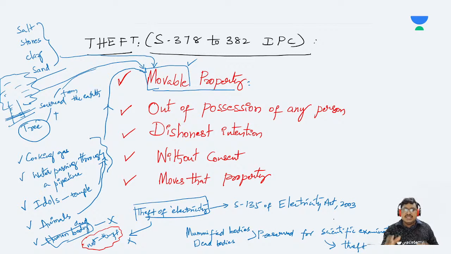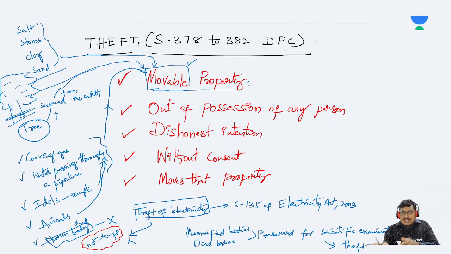Therefore, in order to constitute the concept of theft, there must be a movable property. It must be taken out of the possession of its lawful owner or from the person who is lawfully in possession of such property.